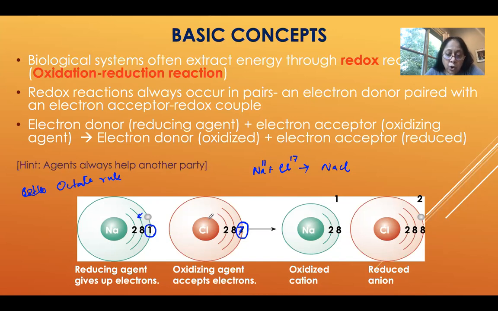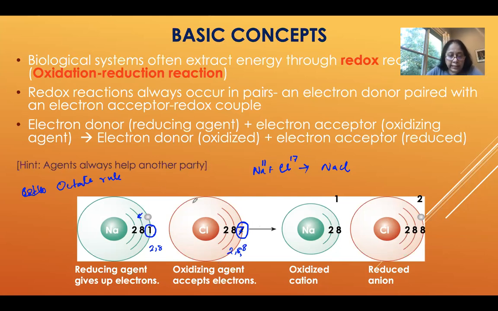So if chlorine accepts this electron, then the outermost orbit of chlorine will be 8. Now if they do that, then both atoms will be very happy, fulfilled, and chemically inactive, and that's the target of the atom always.